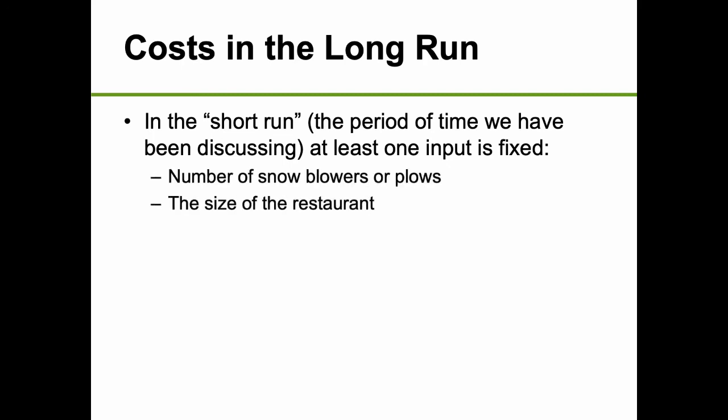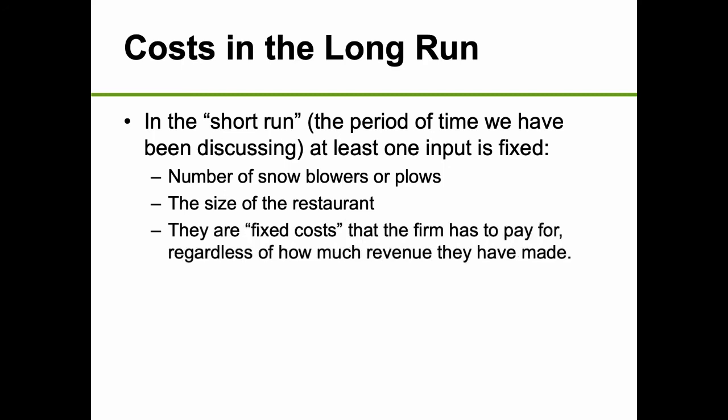So whether we're talking about garbage trucks or the number of equipment you have to clear driveways, or if you're a restaurant, it's the size of your restaurant. It just takes time to adjust these things. Again, they're fixed. And it's a cost that the firm has to pay for no matter how much revenue they've made. Now that's an important concept we haven't talked about yet. Fixed inputs are also considered to be fixed costs.